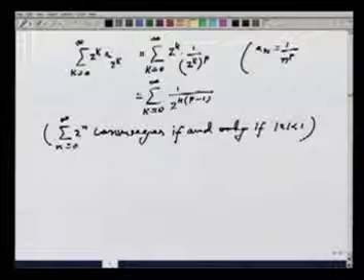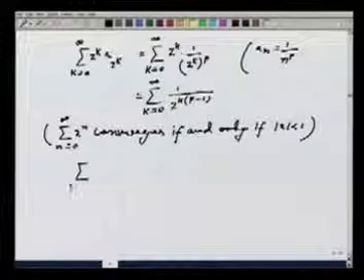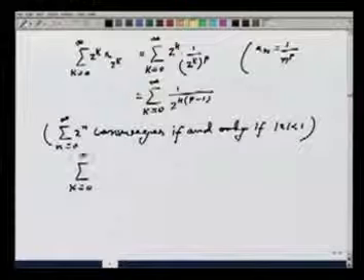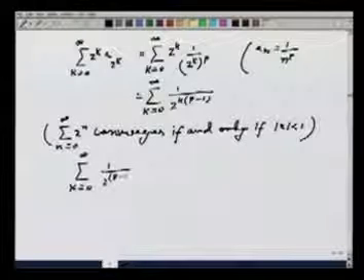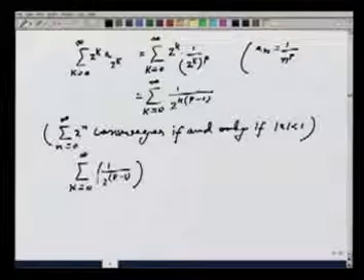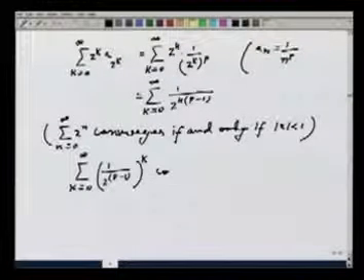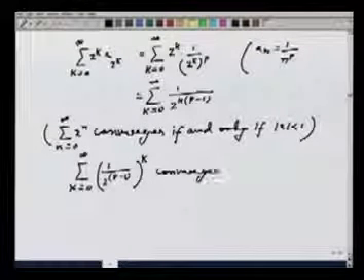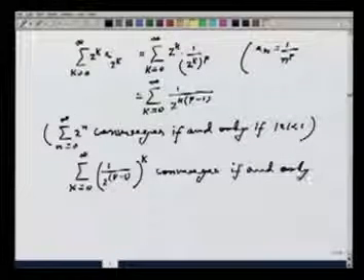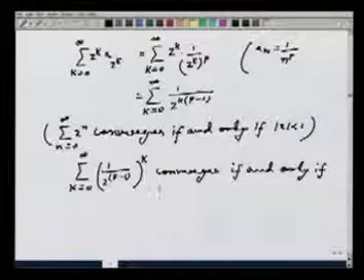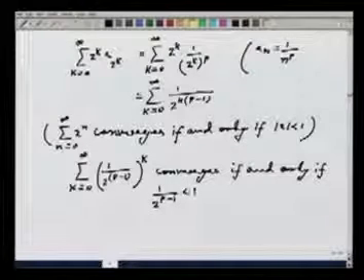That is what I am going to use now, because the above series can actually be written in the form summation k from 0 to infinity (1 by 2 to the power p minus 1) whole to the power k. And then by the previous observation, this converges if and only if 1 by 2 to the power p minus 1 is strictly less than 1.